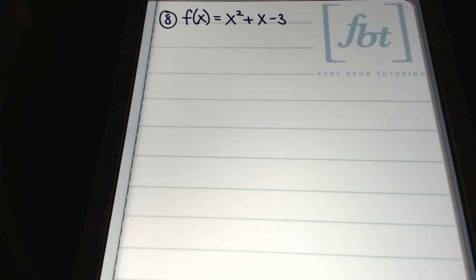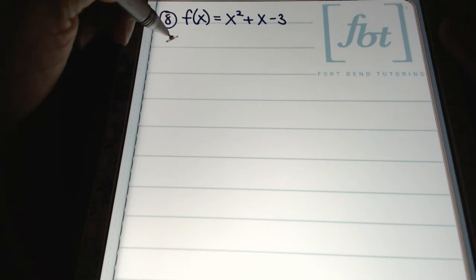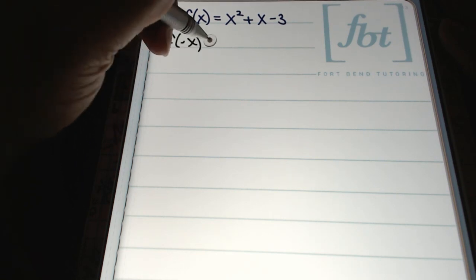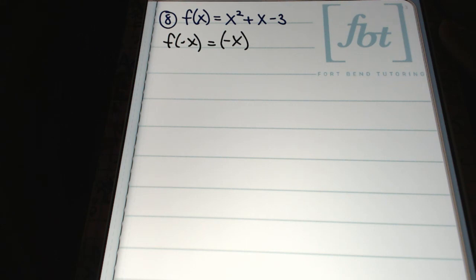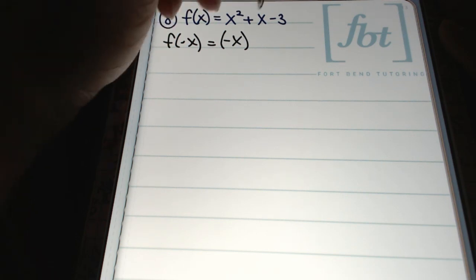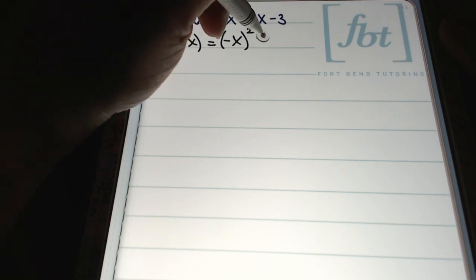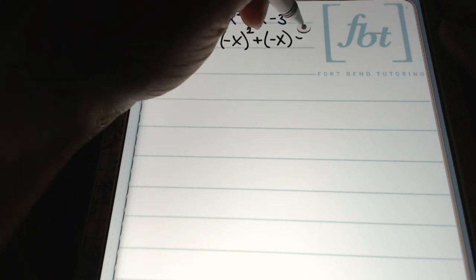All right, because a lot of times it's a time saver. So it's not much work really to go ahead and slap in a negative x for the x, right? That's not hurting anybody. That's not hurting you. And now we are going to continue with this process here. We have replacement of x with negative x. We have negative x squared plus negative x minus 3.